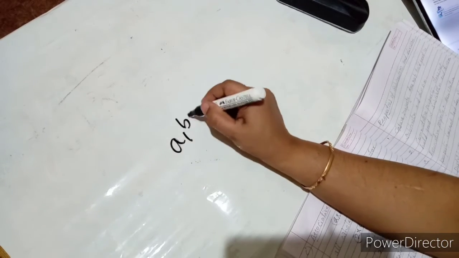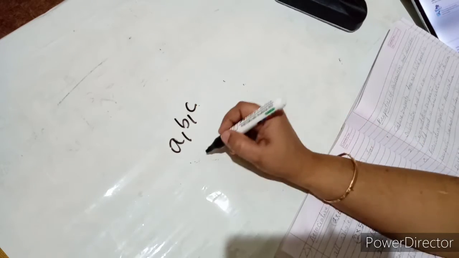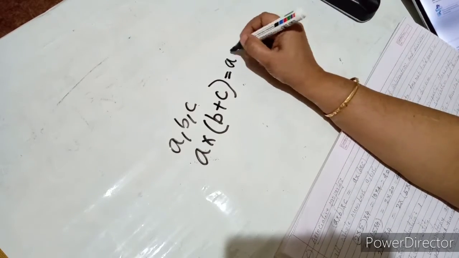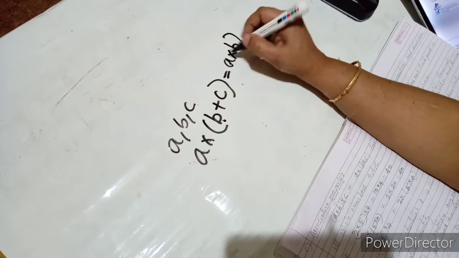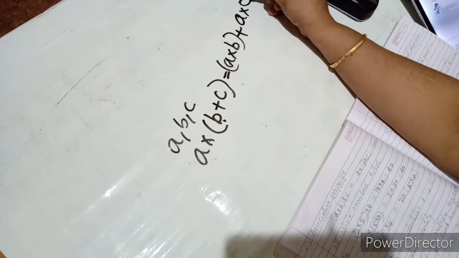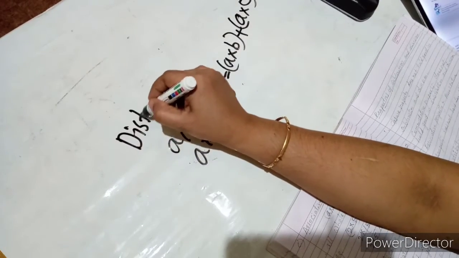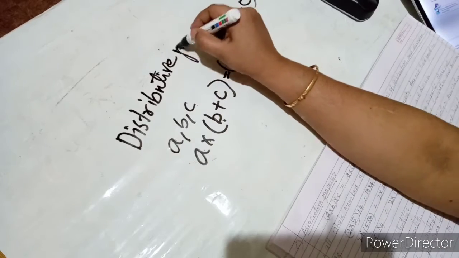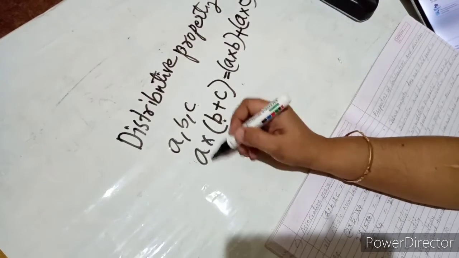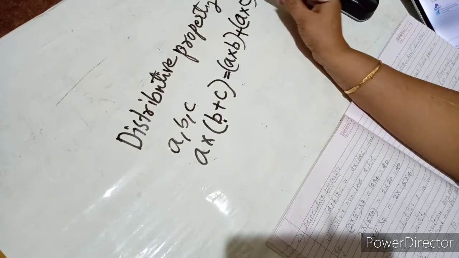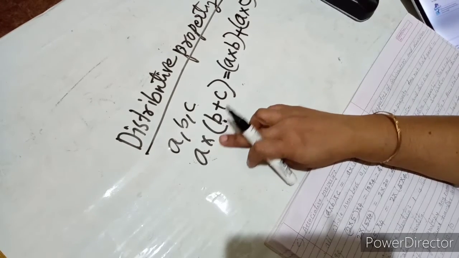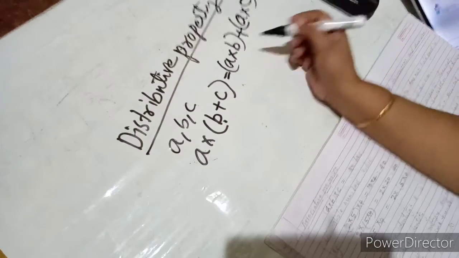If A, B, C are 3 whole numbers, then A multiplied by B plus C is equal to A multiplied by B plus A multiplied by C. This is why it is called distributive property: we are distributing A to both B and C. Here multiplication sign is here, addition sign is here.